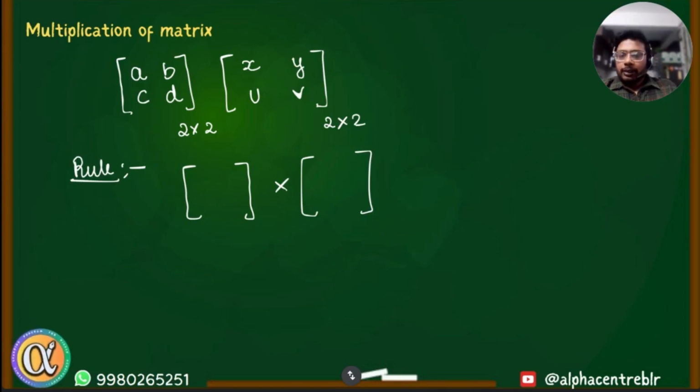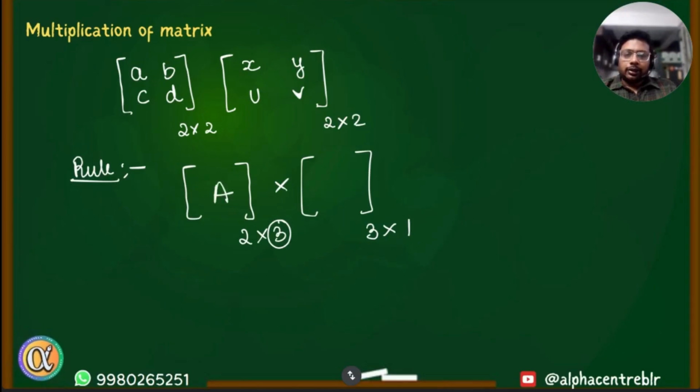If we have to multiply matrix A, which is 2 into 3, and this is 3 into 1. Can we multiply these two matrices? Yes, because the columns of the first matrix A are the same as the rows of the second matrix. So we can multiply A to B. Can we multiply a 2 cross 2 matrix with a 2 cross 3 matrix? Is that possible?